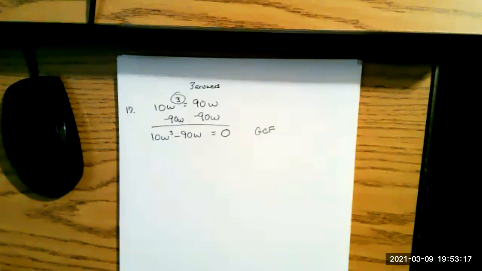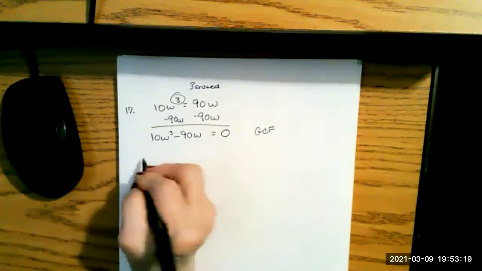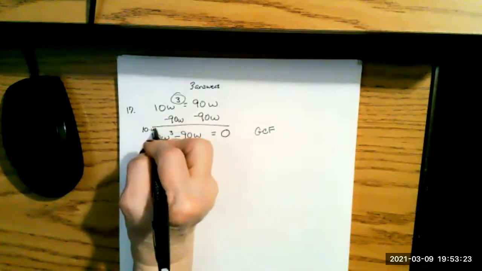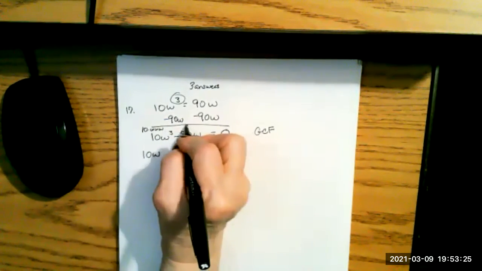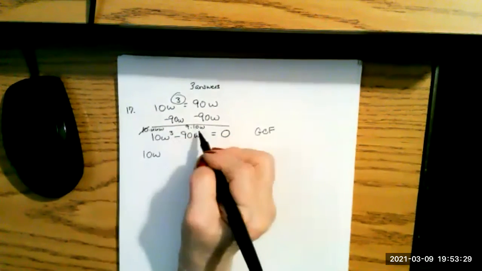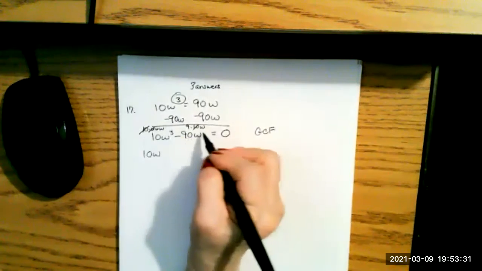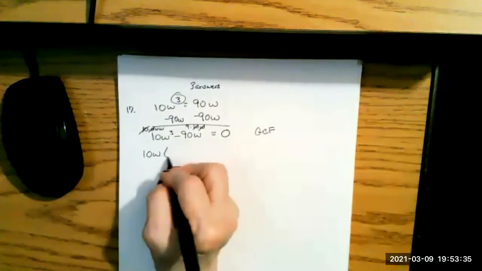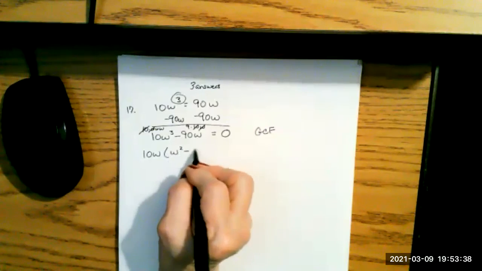Anybody know? 10w? 10w is correct. This would be 10 times w w w and 9 times 10 times w. You can take out a 10 and you can take out a w. So I have a w squared minus 9.